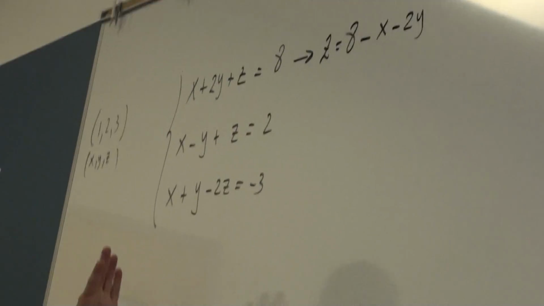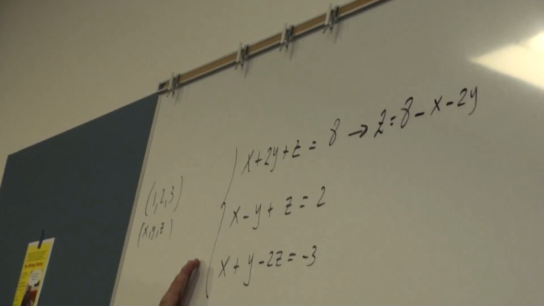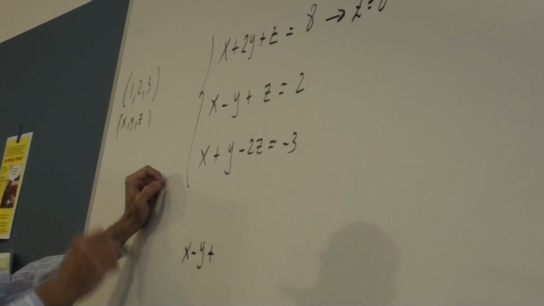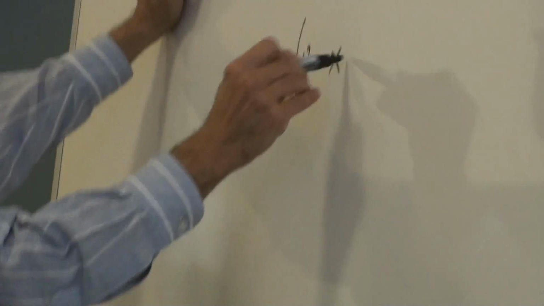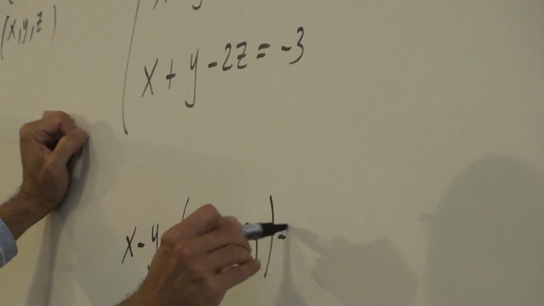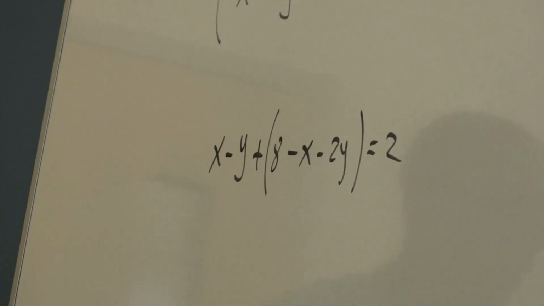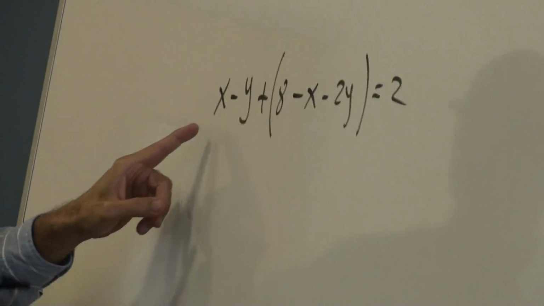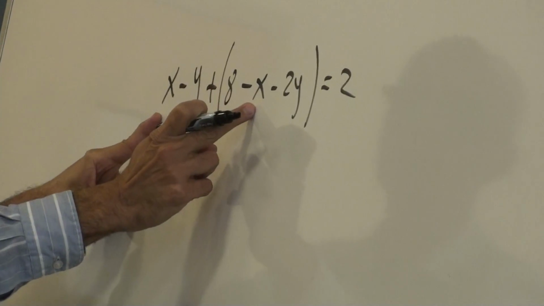So let's do that, and you'll see what's going to happen. It's just magic, okay? So from here, I'm going to say x minus y plus the value of z. The value of z is 8 minus x minus 2y equals 2. Okay? Now I'm going to combine the like terms. So this x with this negative x here is going to cancel.